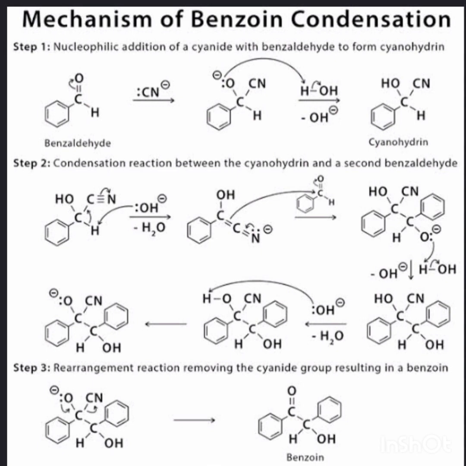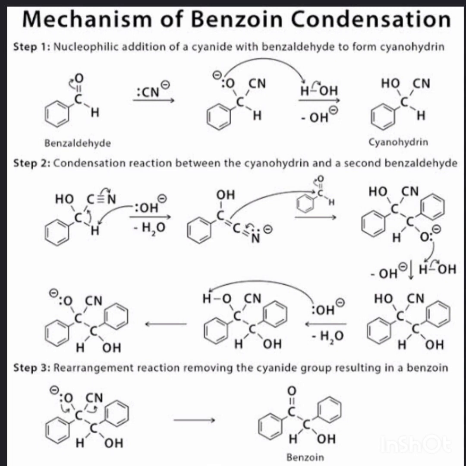The third step is rearrangement reaction, removing the cyanide group, resulting in the formation of benzoin. So here we are removing the cyanide group that will give the compound benzoin. The intermediate compound, C6H5CO minus CN, to this C6H5CHOH will be attached.